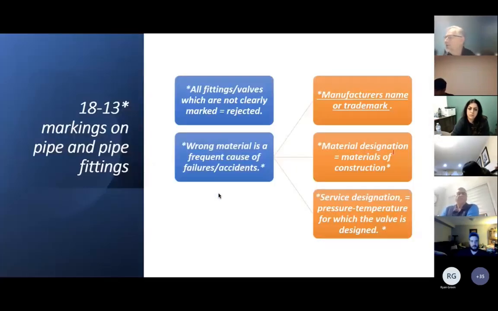Markings on pipes and fittings. All fittings and valves that are not clearly marked are rejected. Wrong material is a frequent cause of accidents. If it's correctly labeled, it should show the name or trademark. It should show the materials of construction and should show service designation, which means pressure and temperature.